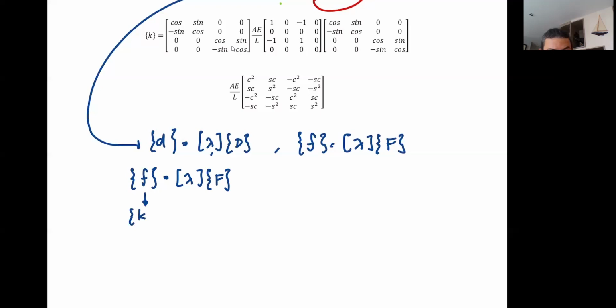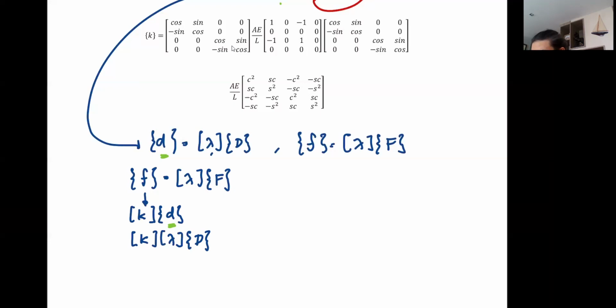K now should be small k because we are looking at the local system. Okay, and D. But from F equal to KD, I am going to replace this D with this. So this is going to become K of the local multiplied by lambda and then displacement of the global.